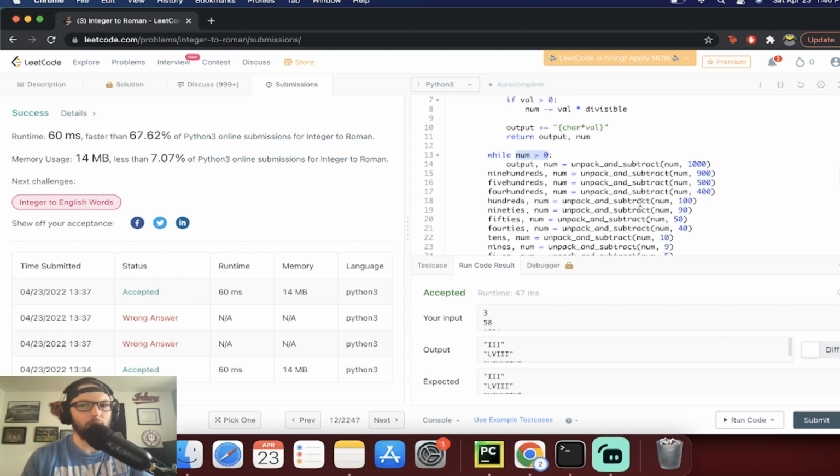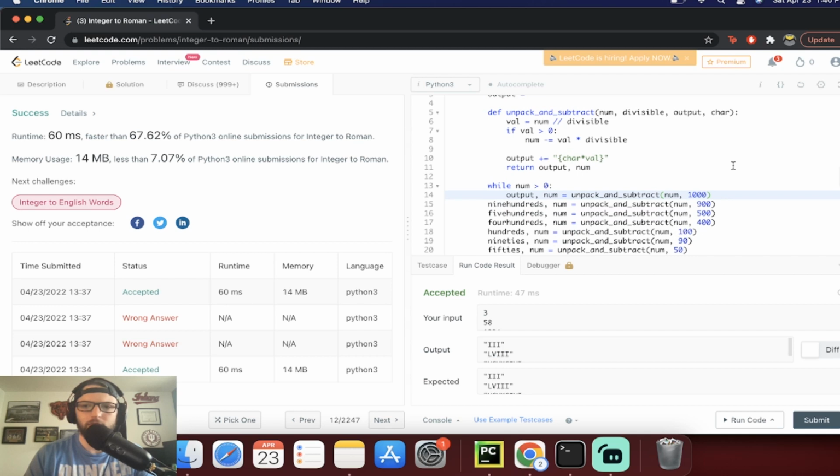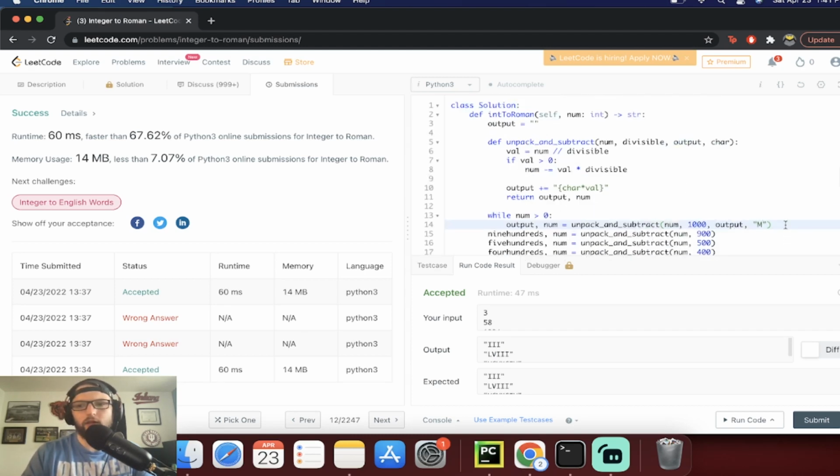You don't necessarily need it to be a while loop, but for our purposes, we'll go ahead and keep it as such. Num divisible output. And in this case, it'd be M. Is that right? MCM. Just like this.